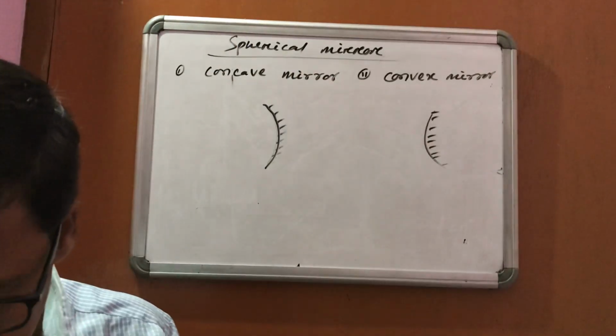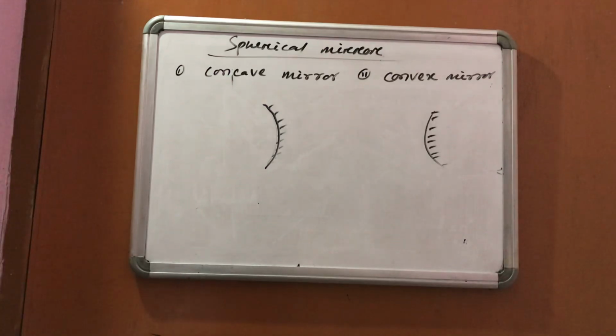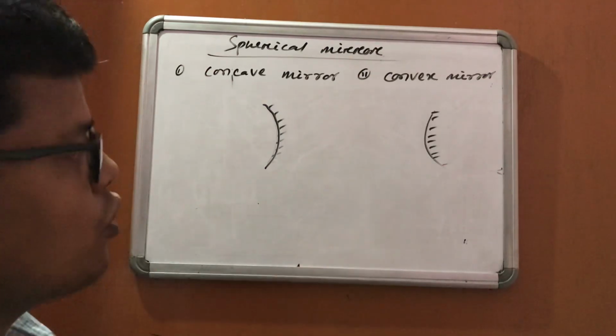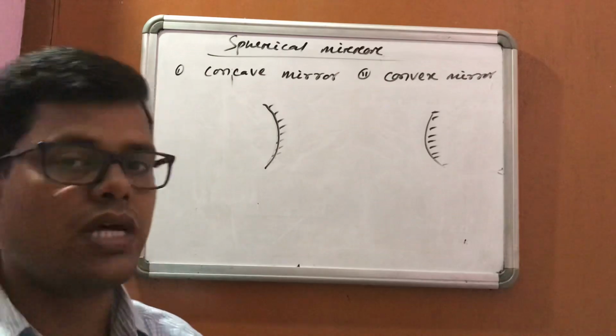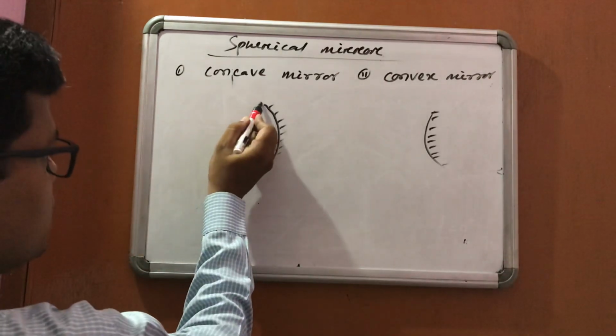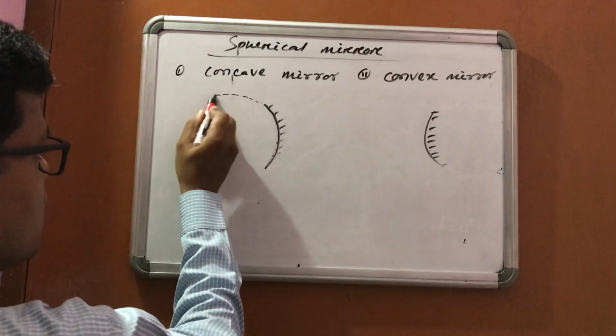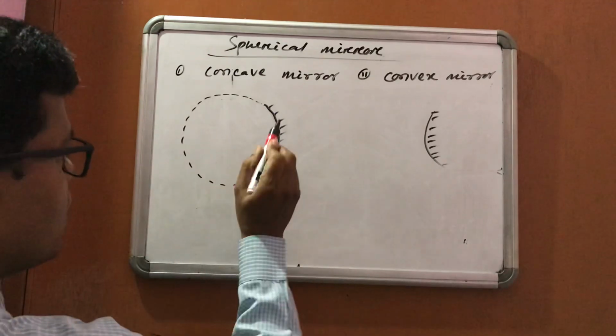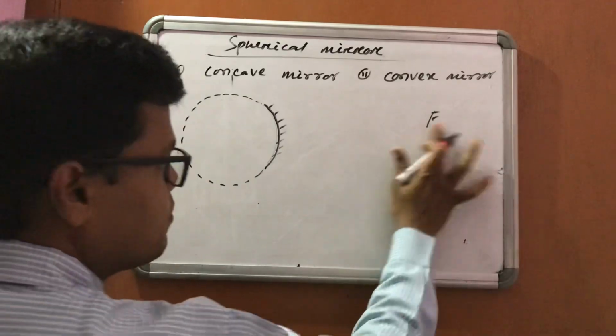So this is a concave mirror and this is a convex mirror. What are the different terms associated with this? This is taken from a sphere. This is also taken from a sphere.